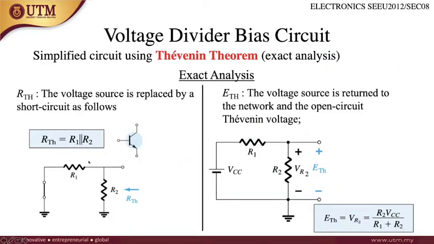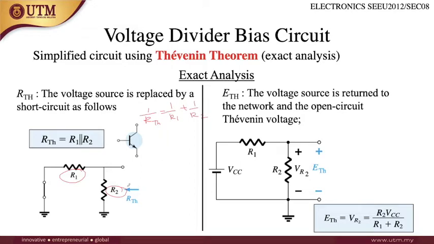The resistor R1 and resistor R2 are parallelly connected. So by using the resistor theory, if resistors are parallelly connected, 1 over R Thevenin will be 1 over R1 plus 1 over R2.